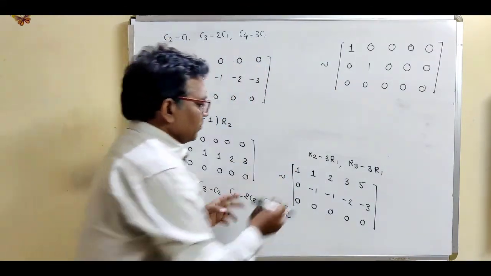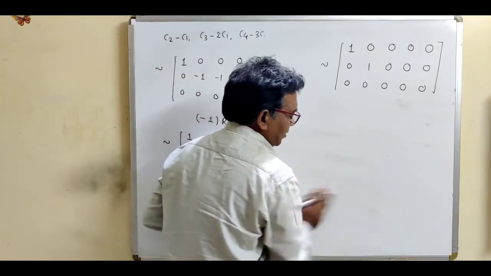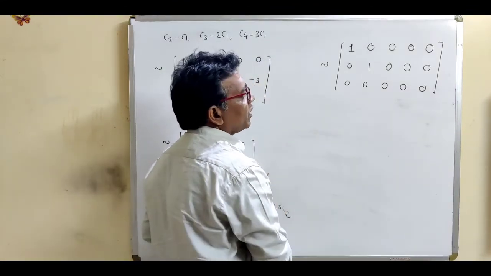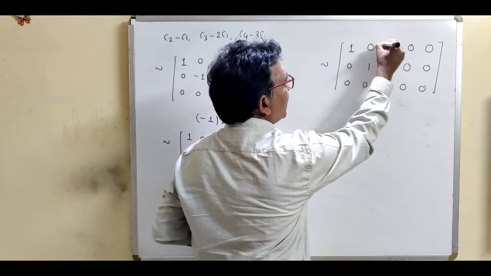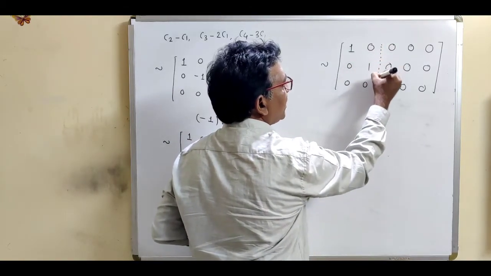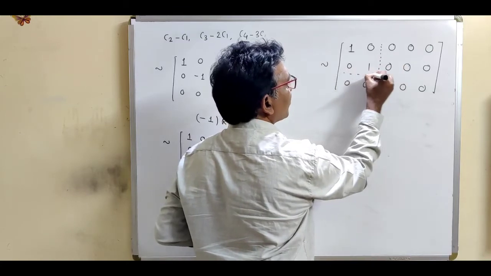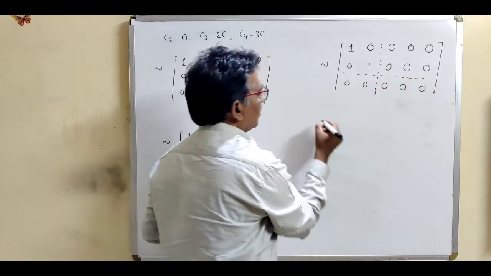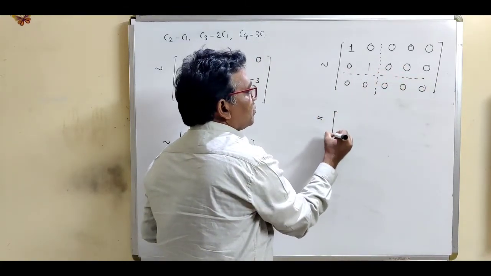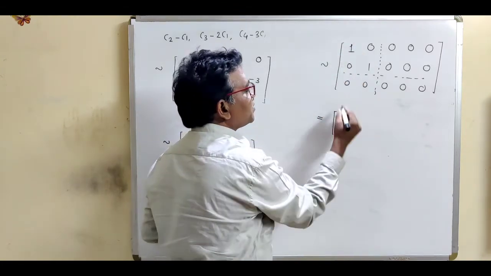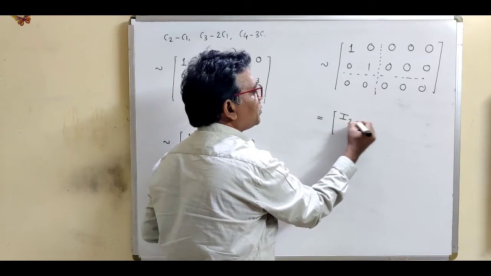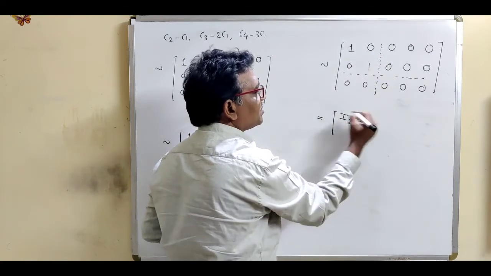So what is the next step? Just separate the unit matrix. So this is the unit matrix 1 0 0 1. So separate this unit matrix by taking this partition. So this is the fourth type of normal form. There are 4 sections. The first section contains the unit matrix of order 2. The second section contains the 0 element.